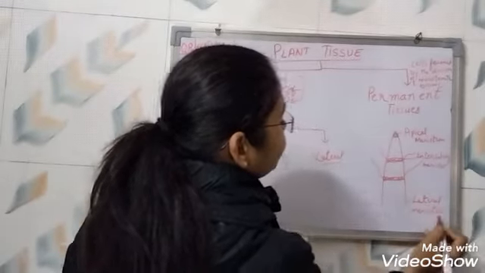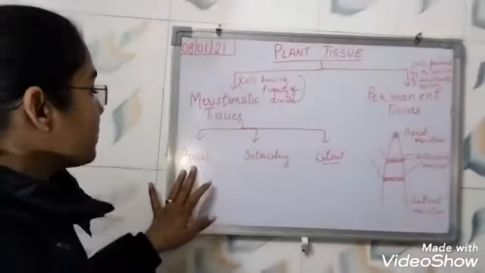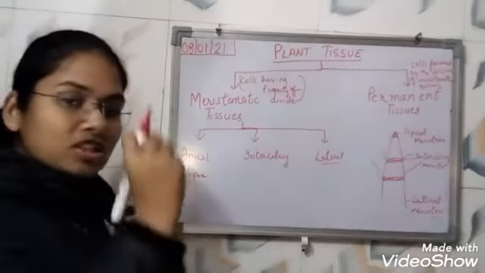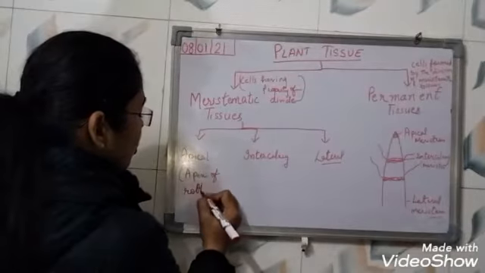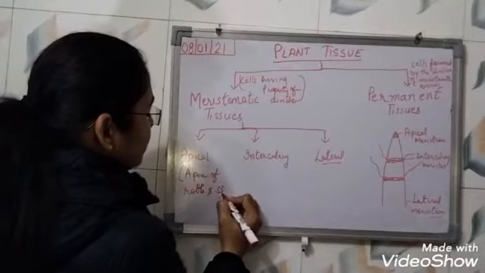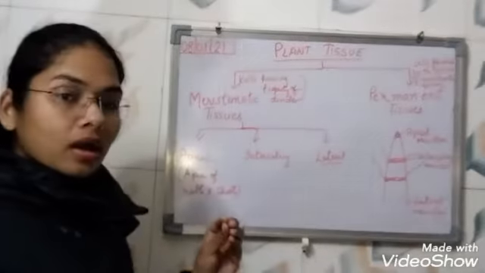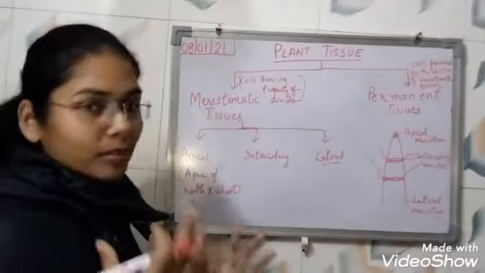Understand, students? So this apical is present at the apex, apex means tip, of roots and shoots, right? It is present at the apex of roots and the shoots of the plant.